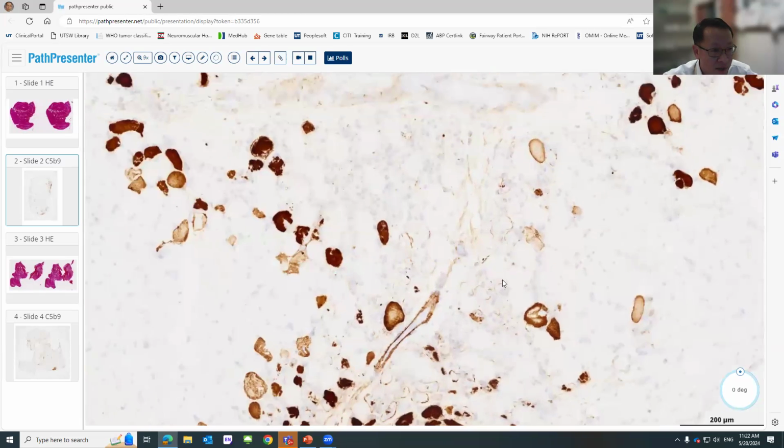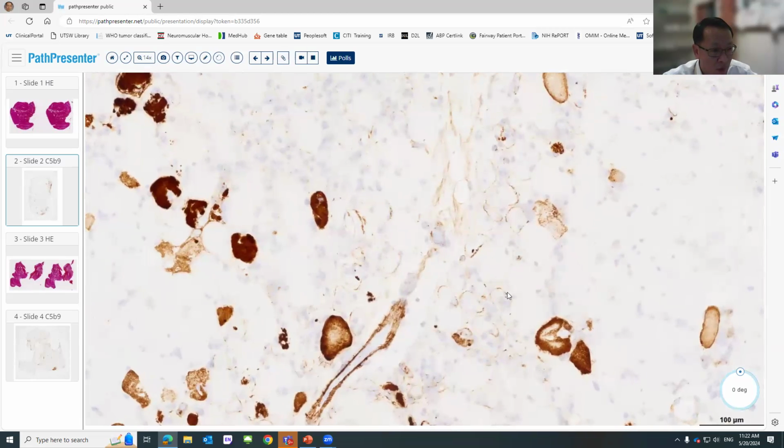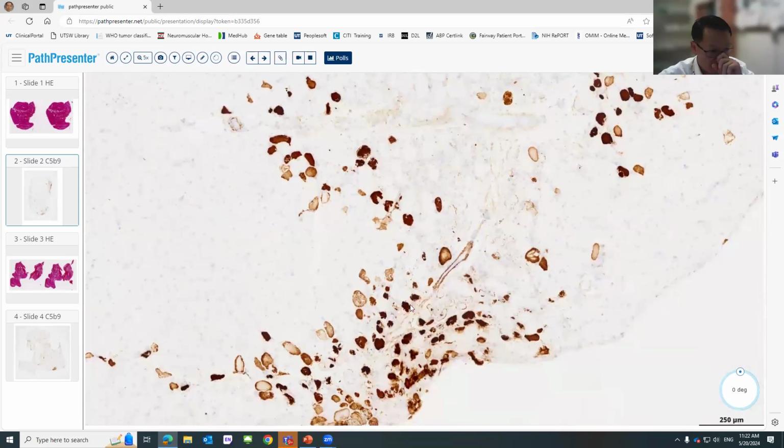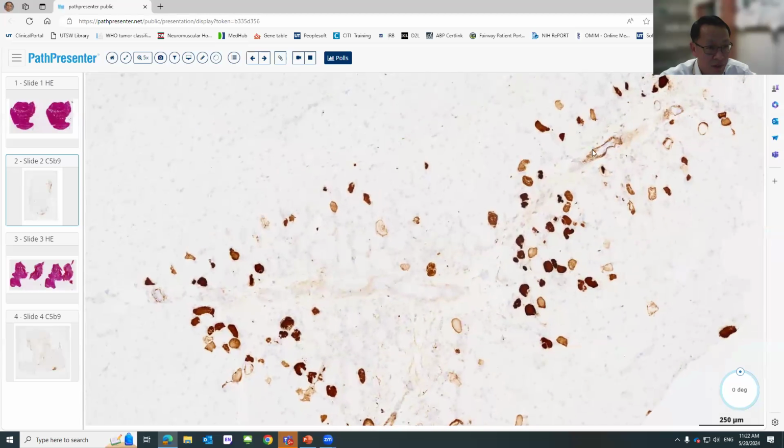And then you can have viable fibers that are abnormal. They have this granular C5b9 staining, and they are more concentrated in the perifascicular region. And if you look closely, these necrotic fibers tend to occur near vessels. So here's a vessel right here, and there's a vessel right here. And you can see that these necrotic fibers actually track along the vascularized perimysium.